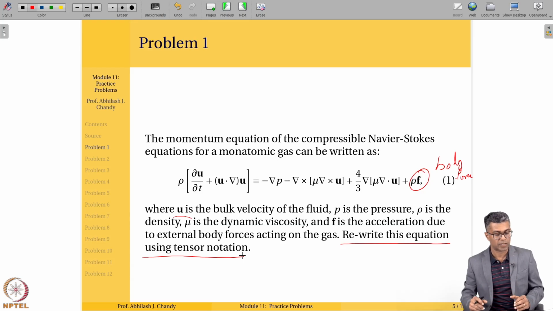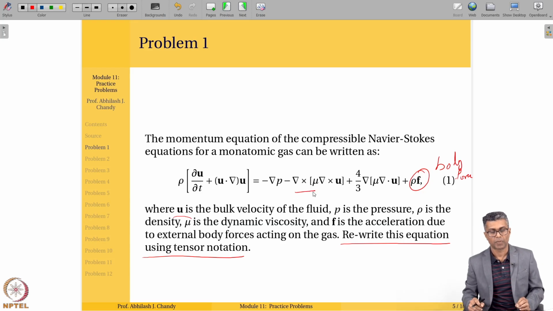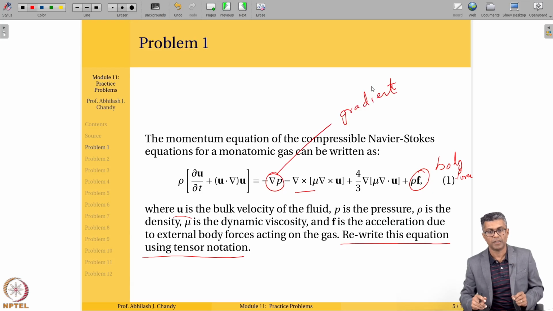So you can leave it as such within the derivative, within the del cross. You understand what I'm talking about? Right here, the del p is a gradient operator. This will also need to be written in index notation, of course. How do we do this, right?